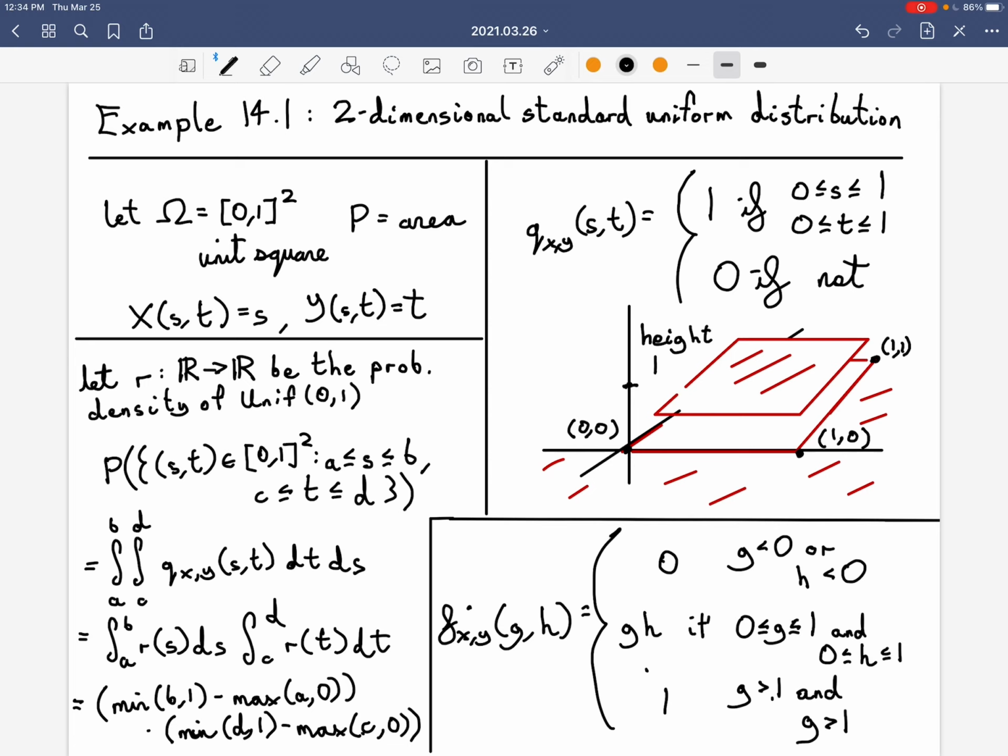two-dimensional standard uniform distribution. Okay, so if we think of x as a single random variable, what happens is we get a copy of the one-dimensional uniform distribution. And if I think of y as a single random variable, I get another copy of the one-dimensional uniform distribution.